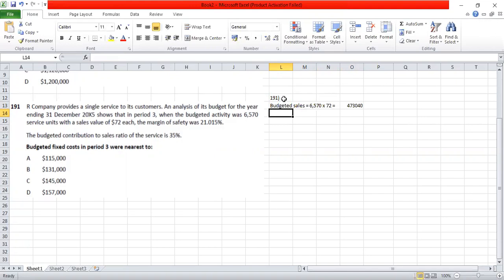Margin of safety is budgeted sales minus break-even sales. If budgeted sales is 100%, margin of safety is 21.015%.